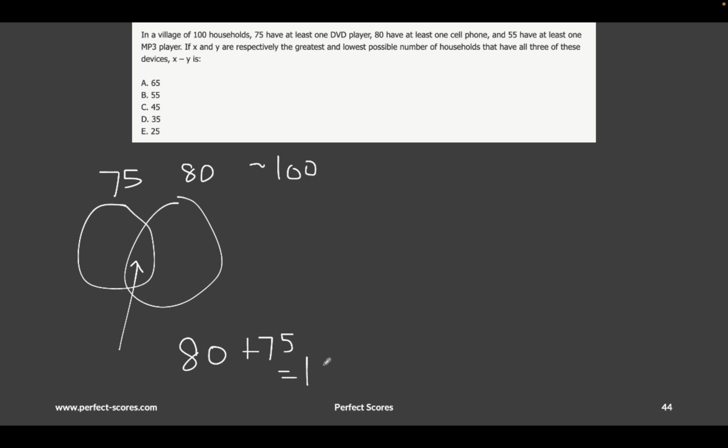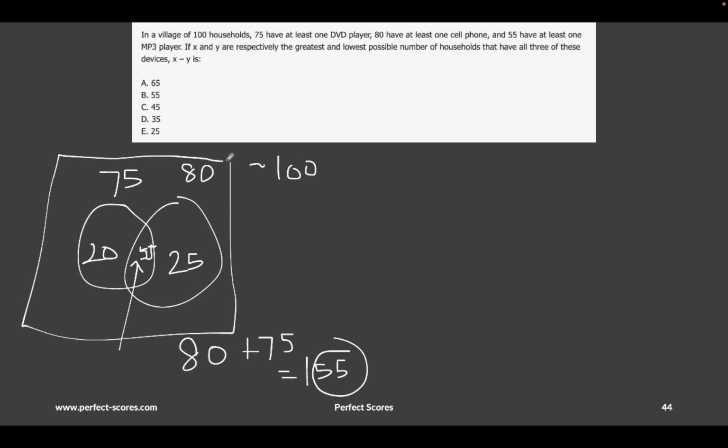So I have to put 55 people in here so that this total becomes 100. So if I put 55 people here, that means I have to put 20 people here and 25 people here so that the total becomes 100.